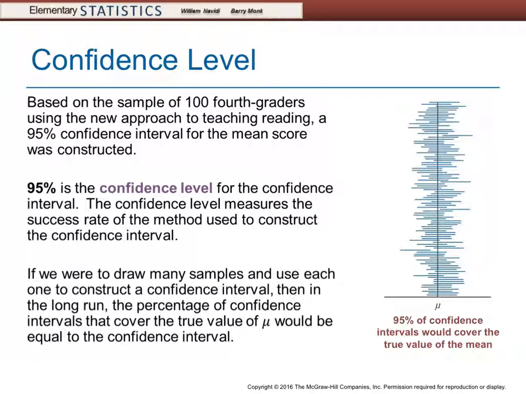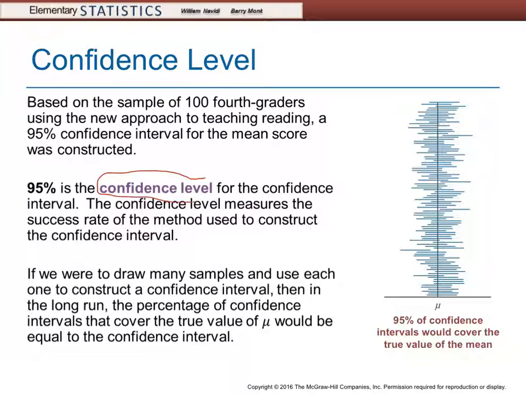So what is the meaning of the confidence level? Well, based on the sample of 100 fourth graders using the new approach to teaching, a 95% confidence interval for the mean score was constructed. 95% is the confidence level for the confidence interval.